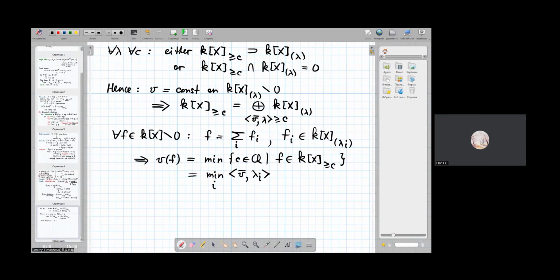So this gives you an explicit formula for your invariant valuation on the coordinate algebra of your quasi-affine spherical variety X. And you see by this formula that indeed the valuation V is determined by this linear function V bar. Okay? This is an explicit formula expressing your V in terms of V bar. Okay, so we have done the quasi-affine case. And now what about the general case?